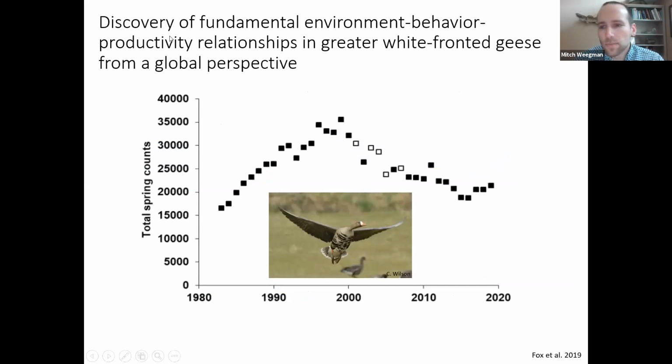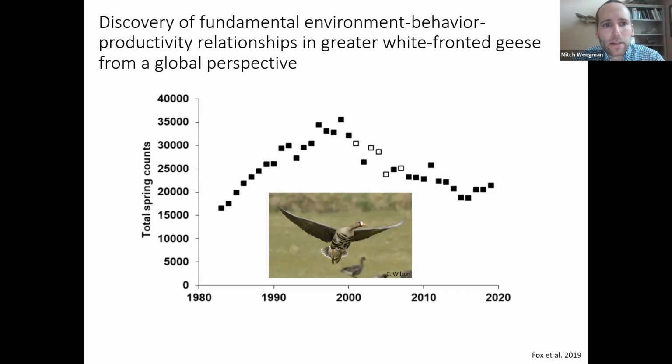So for this talk, I'm going to describe a study system of greater white-fronted geese. And in the spirit of this amazing work on the loss of bird populations, despite waterfowl populations doing quite well, there are some unique cases like pintails, like Greenland white-fronted geese, this bird in the photo, that actually are bucking the waterfowl trend.